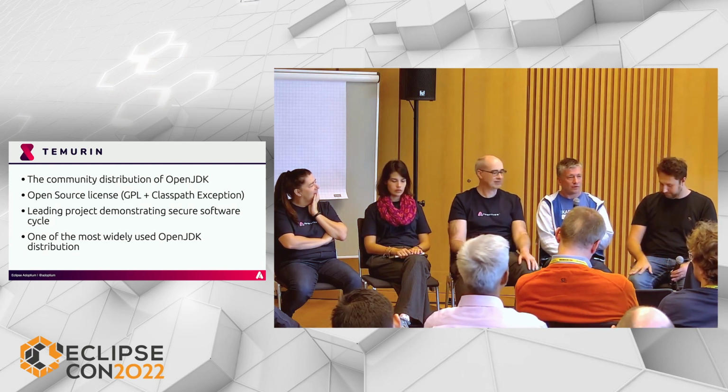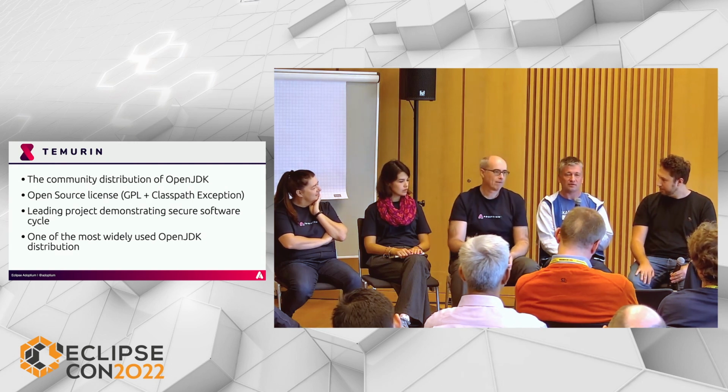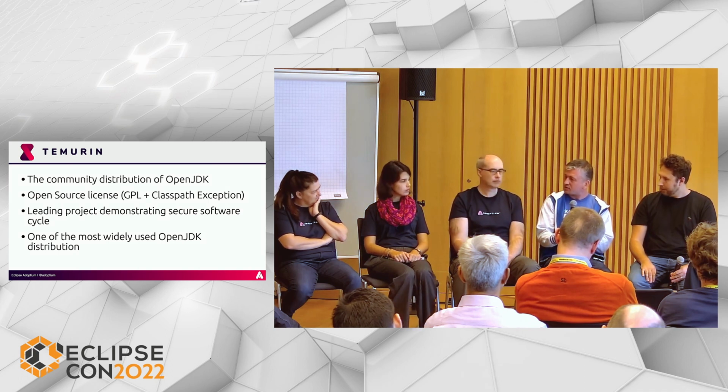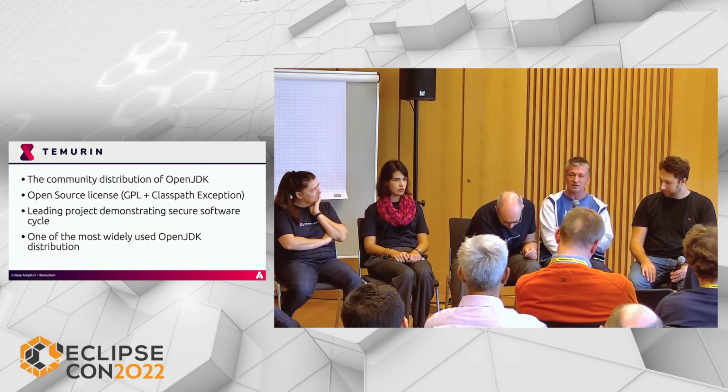Yeah, I think one of the benefits Temurin offers is the support of a lot of platforms, hardware platforms and operating systems. And that may be a benefit for a member too, to have influence on that priority. We build these platform releases.